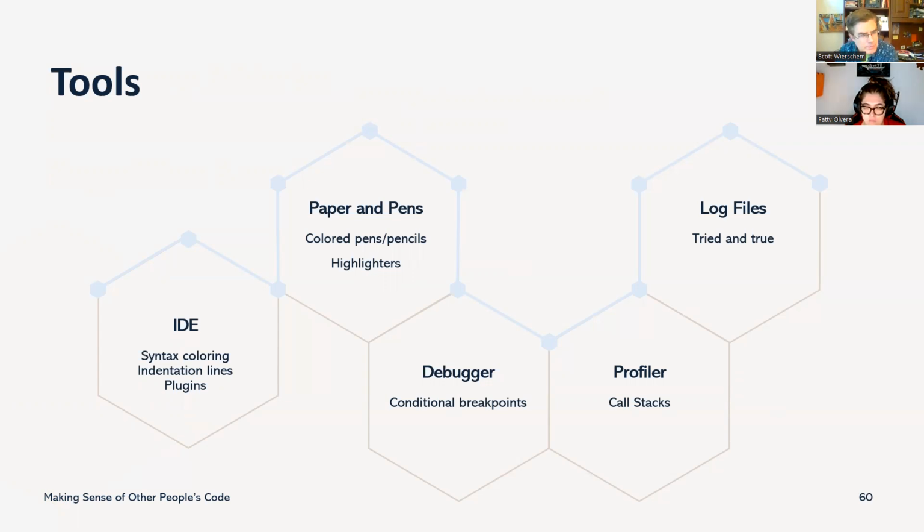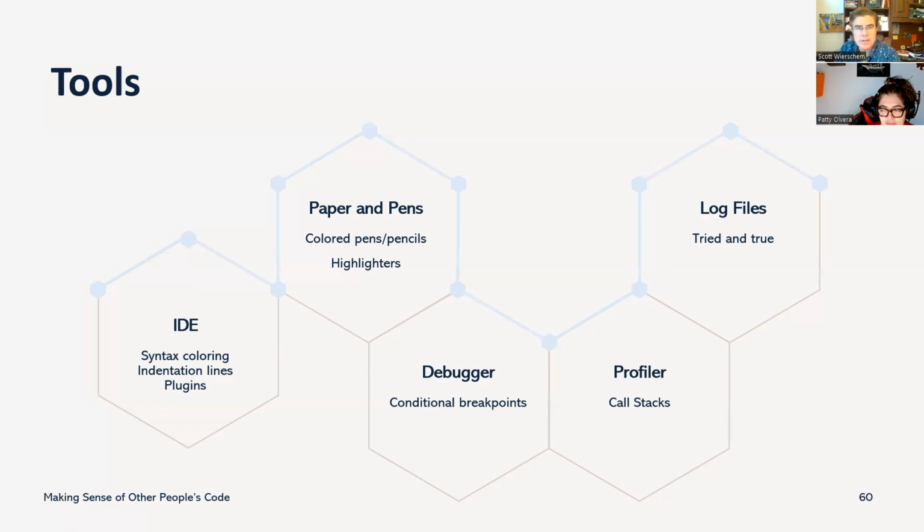What was that called? CodeGlance. That plugin for IntelliJ. Of course, you can always fall back on paper and pens, printing things out, highlighters. Your debugger, you can use that to do things.